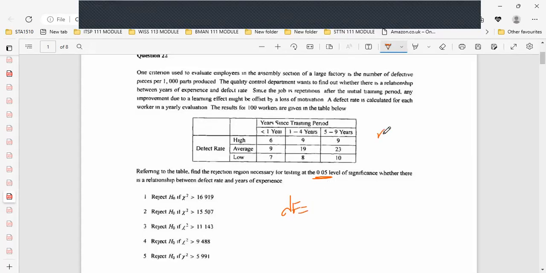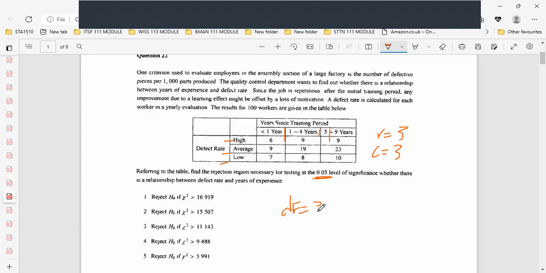We find the number of rows: high, average, low, which is 3. Then the number of columns: less than 1 year, 1 to 4 years, 5 to 9 years, which is 3.